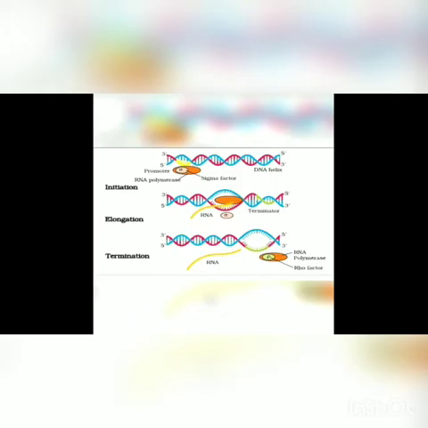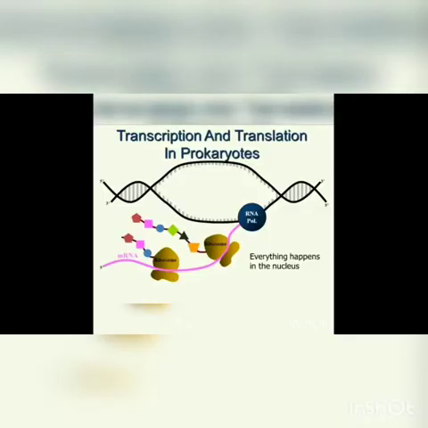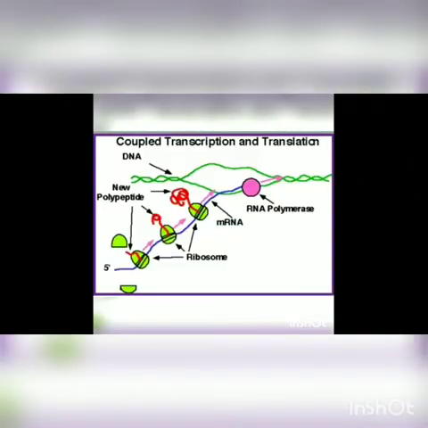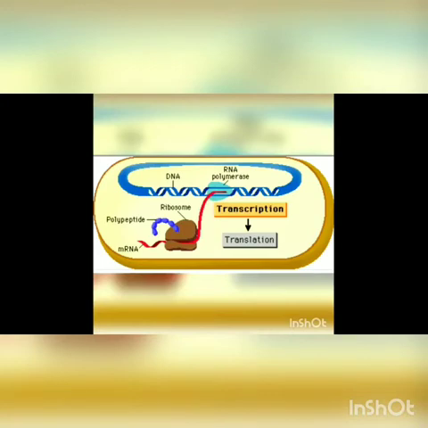In bacteria, the mRNA does not require any processing to become active, and transcription and translation take place simultaneously in the same compartment. Why do transcription and translation occur in the same compartment simultaneously? Since there is no separation of cytosol, that means cytoplasm, and nucleus in bacteria. That means there is no nuclear membrane.